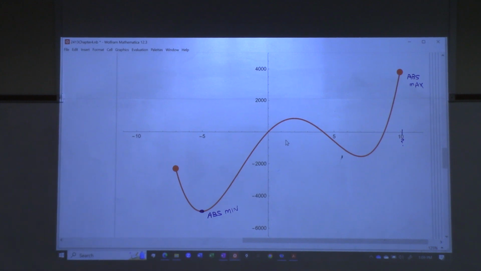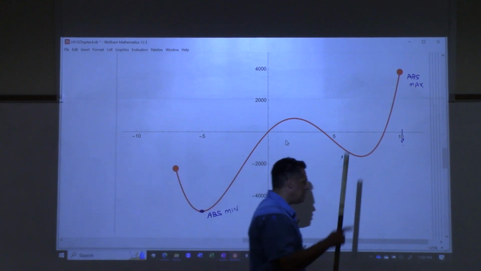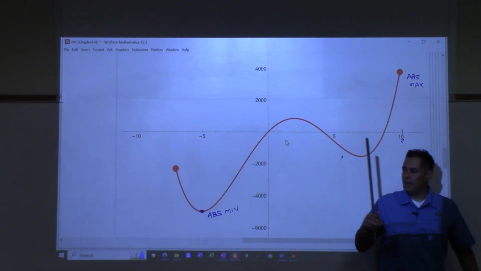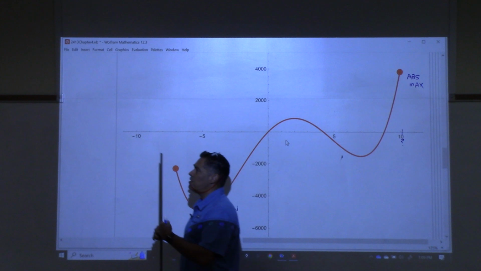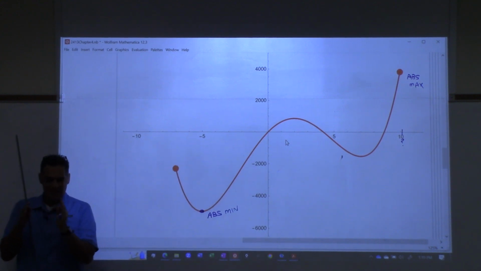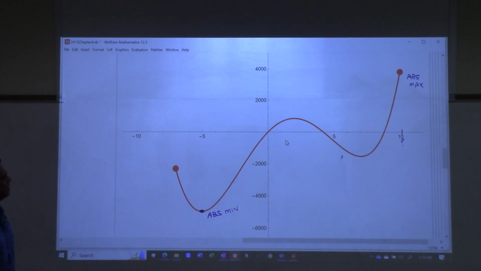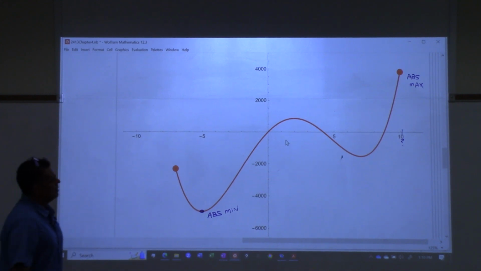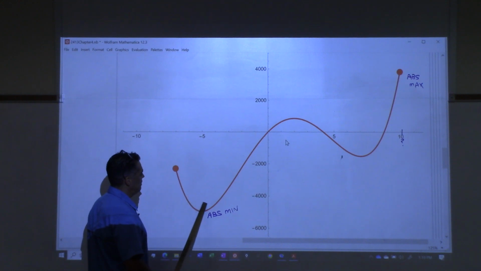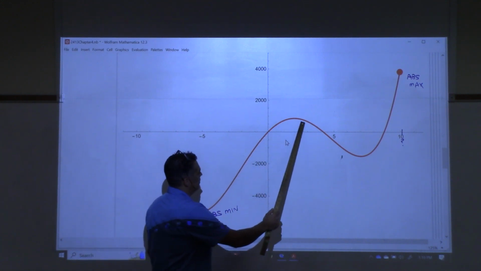All right, now let's talk about locals. Let's talk about local max first. To be a local max, you only have to be the highest point near that point. So do y'all see any local maximums? Where? Right there?